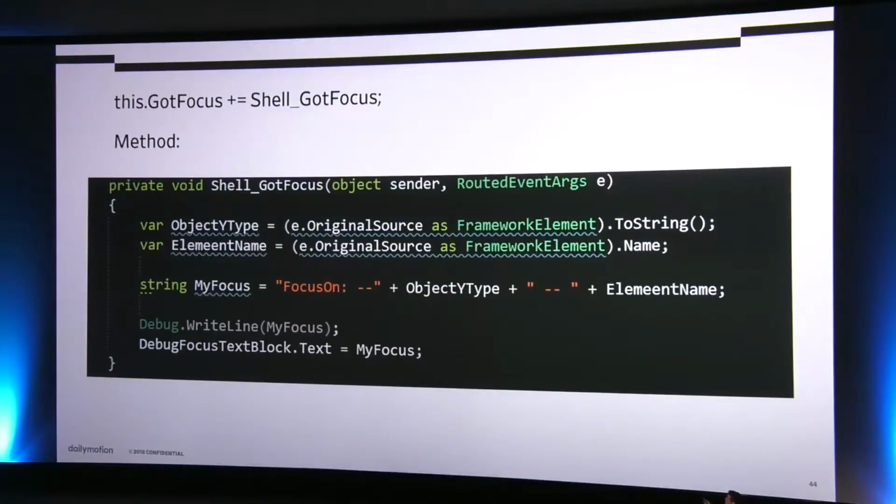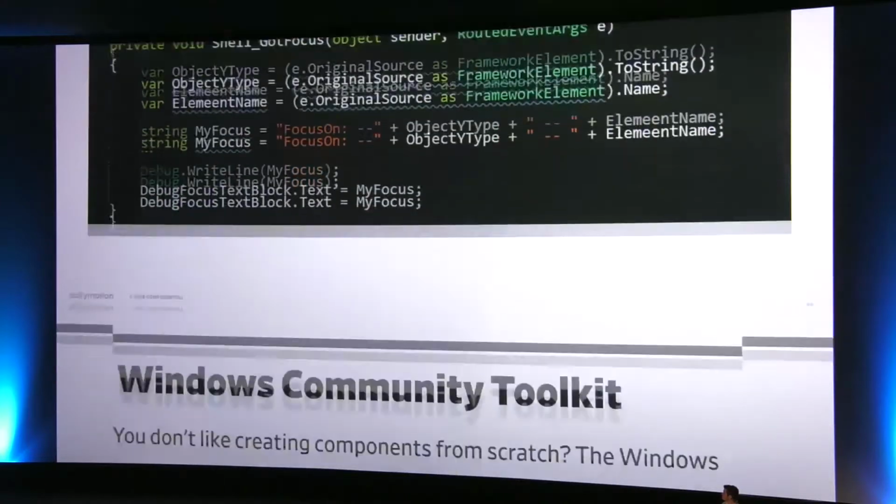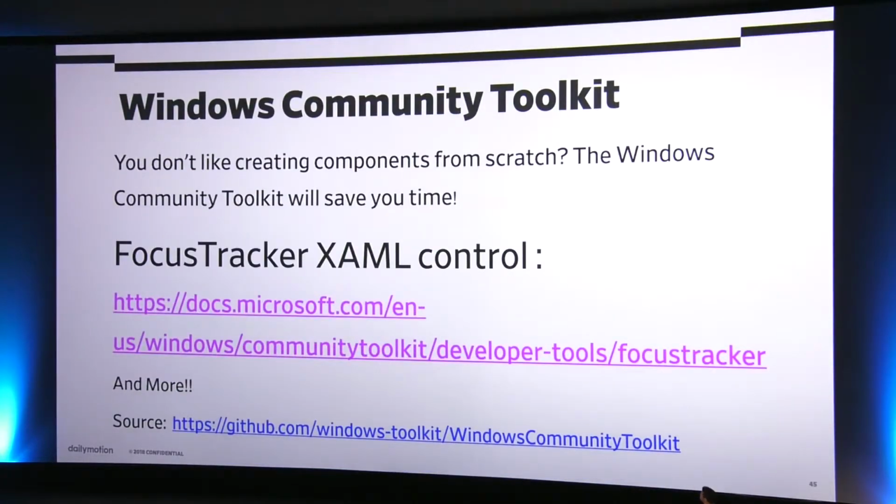So this little piece of code, which is on my shell, because Dailymotion is built around a root page, shell page, whatever you want to call it, catches every event when an element is focused. And this just allows me to know what is focused. If you don't want to type it yourself, you can also go to the Windows Community Toolkit and download the focus tracker, because why code something when it's already been developed and it's probably better than my poor piece of code.